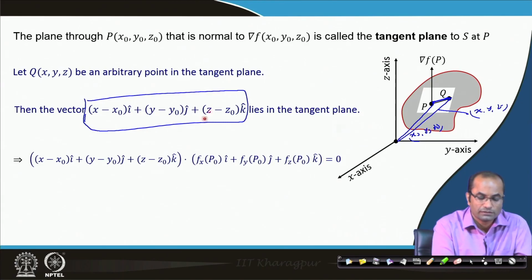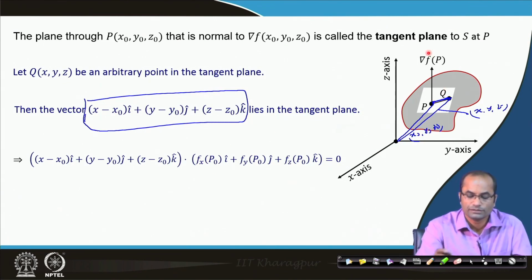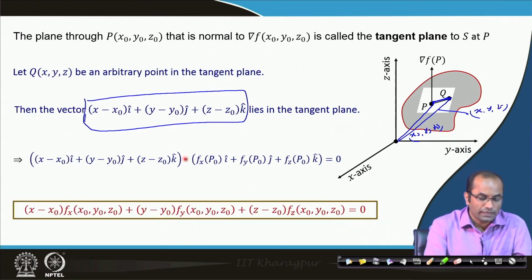So, this is the line here, the line vector P q, and then we have the perpendicular, which is del f. So, the dot product will give us 0.